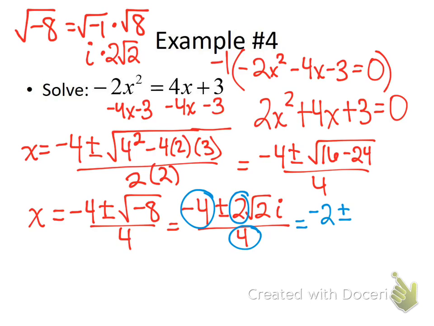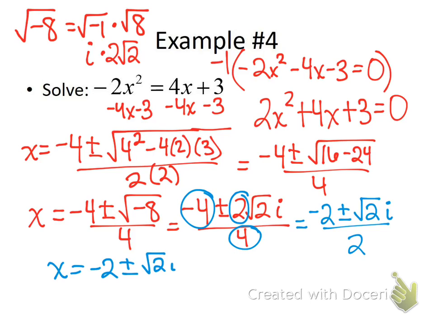Plus or minus 2 divided by 2 is 1. So I'm not going to write the invisible 1, but you can if you want to. And then 4 divided by 2 in the denominator is 2. So x equals negative 2 plus or minus the square root of 2 times i, all divided by 2.